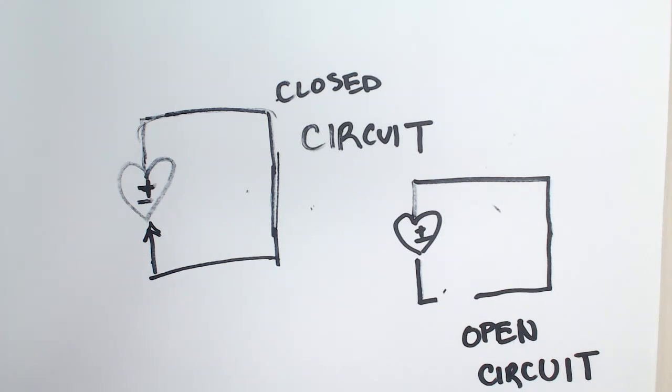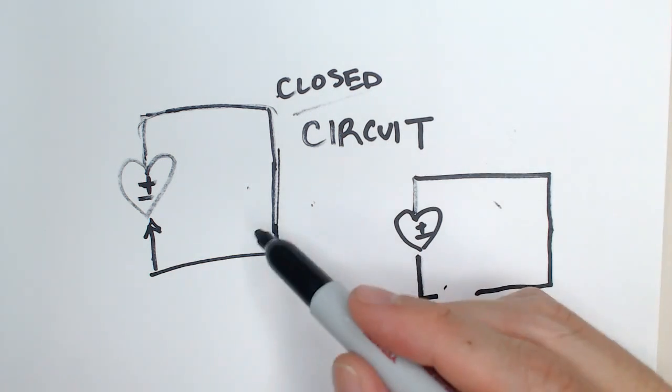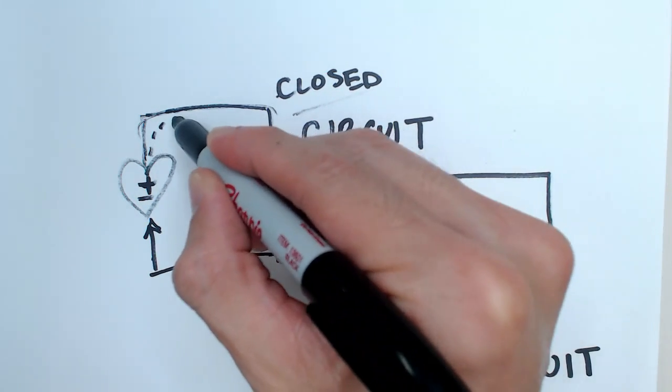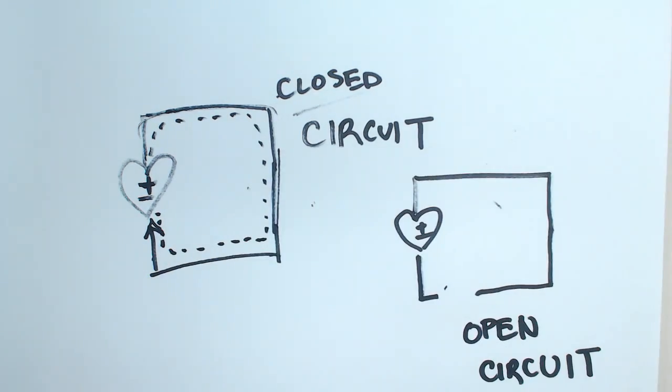So the first question here is, which one of these is the one where electricity is actually flowing? Well, the answer to that is that it's the closed circuit. The closed circuit is the one where electricity flows, and the reason why is because there's a path from plus all the way to minus.